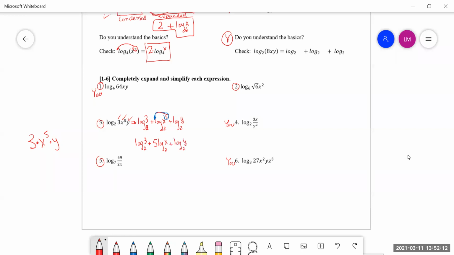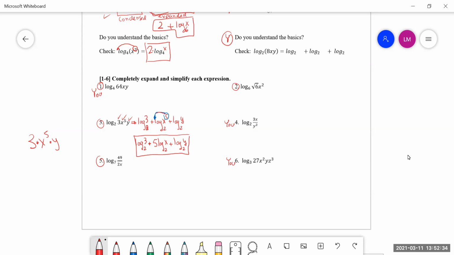There we go. Now I have no exponents, all the logarithms have the same base, and everything has its own logarithm. That would be your final answer. I can't evaluate any of this. I cannot take log base 2 of 3, so I leave it alone. All right, let's go to number 2.